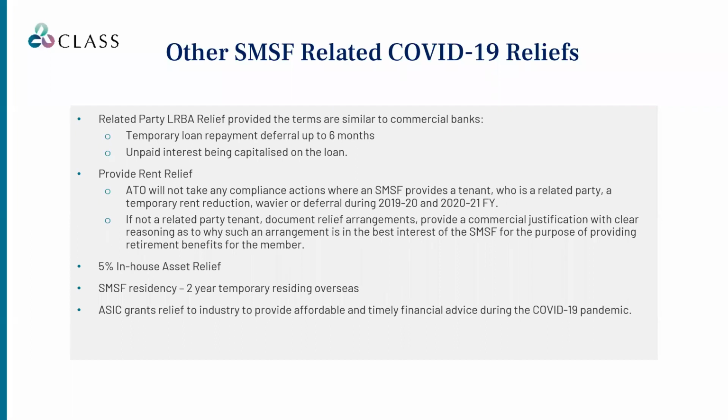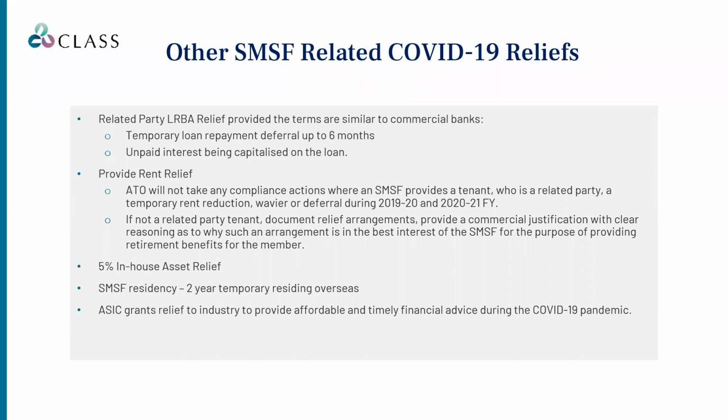5% in-house asset relief. If the 5% in-house asset value was temporarily exceeded due to adverse market valuation on the investment portfolio, the ATO will not take compliance action for FY20 and 21.